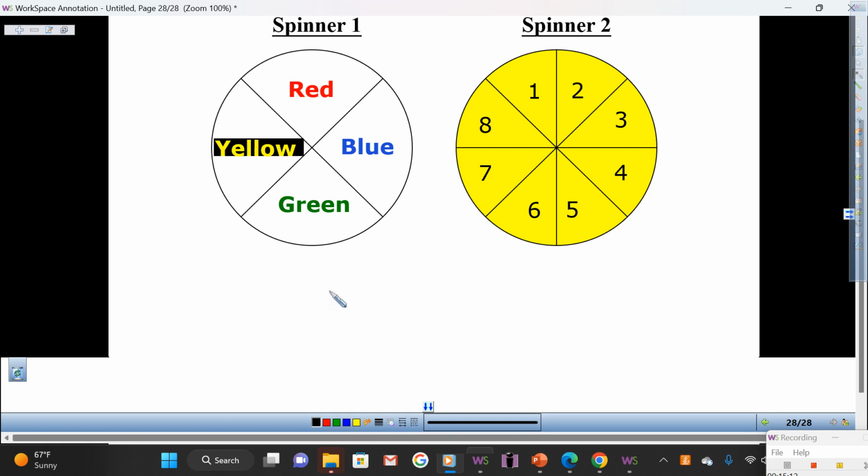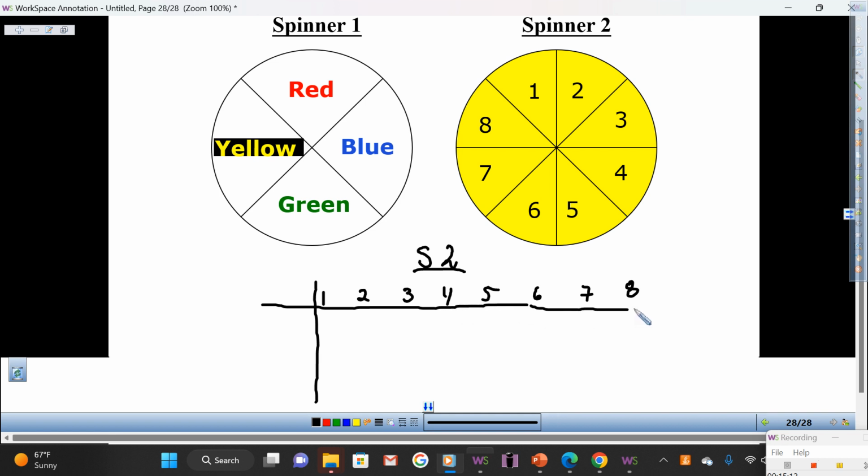1 through 8. Okay, 1, 2, 3, 4, 5, 6, 7, 8, or spinner 2. Yeah? All right. Which means that over here you put spinner 1, which was what?